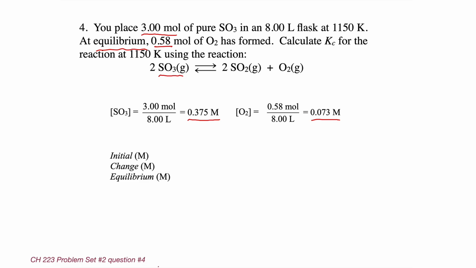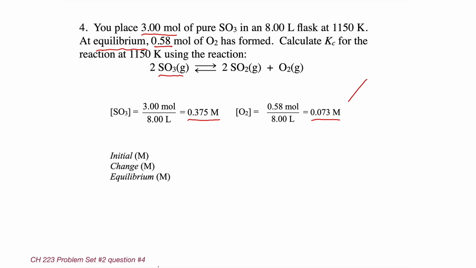In an ice table, you want to have initial amounts of the 3 things, the change of the 3 amounts, and the equilibrium values. The 0.375 number is the initial amount of SO3 that was put in. The problem didn't say anything about having any SO2 or O2 put in, so we're going to assume those 2 numbers are 0.